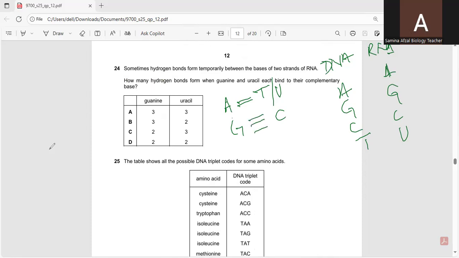So in this way, guanine will make three bonds, and uracil will make two. So B will be the correct answer. In DNA it is thymine, but in RNA thymine is replaced by uracil.